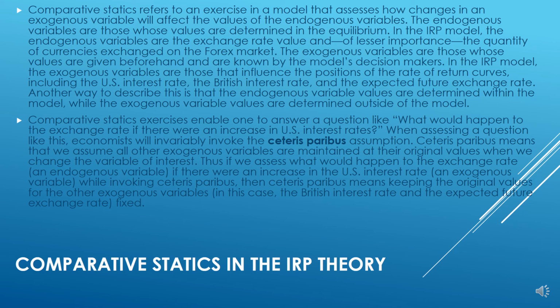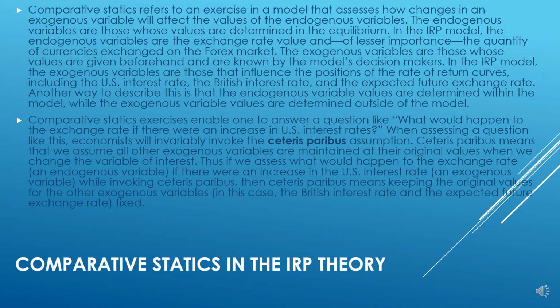When assessing a question like this, economists will invariably invoke the ceteris paribus assumption. Ceteris paribus means that we assume all other exogenous variables are maintained at their original values when we change the variables of interest.